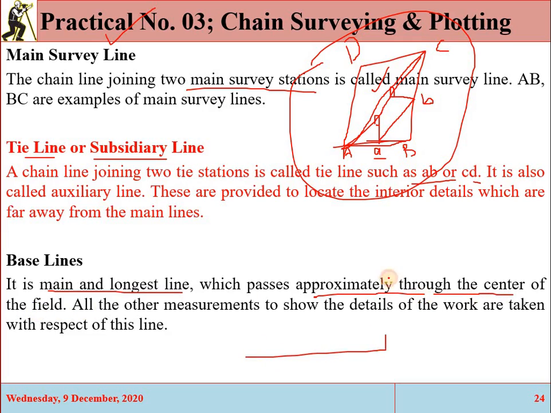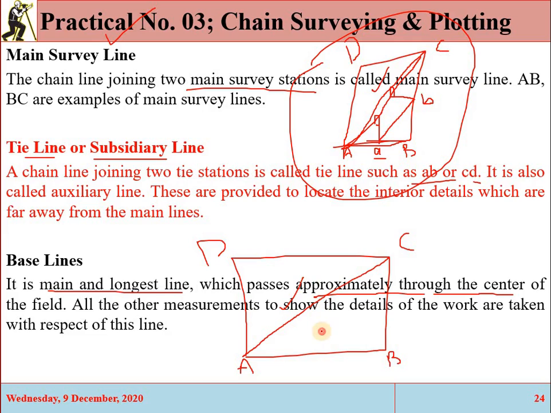For example, if we have a rectangular shape of area which we are going to survey, okay, so suppose that is main station A, this is main station B, this is C, this is D. So then we join A with C, so that will be taken as a baseline, see, which is passing through the center of the field.